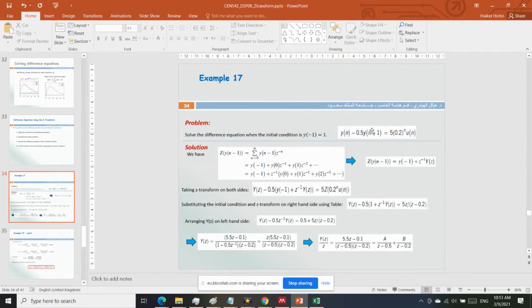We know the rule: to find the shifted version, we multiply by Z to the power of minus the shift. In the Z transform we multiply by Z to the power of minus the shift. So that's why here it is YZ times Z to the power of minus 1.